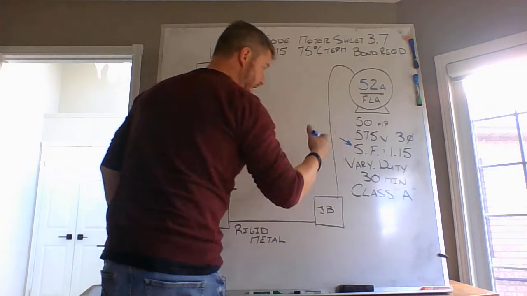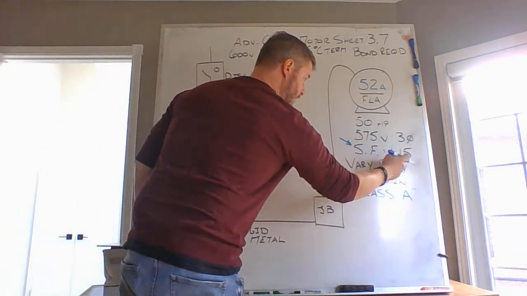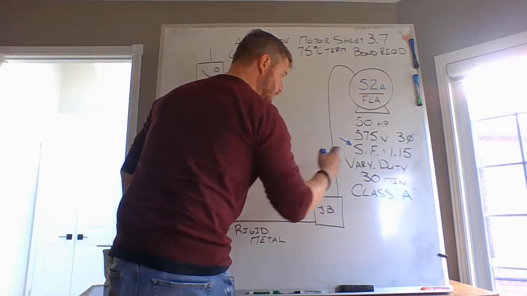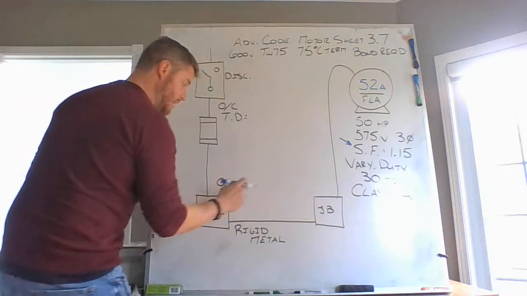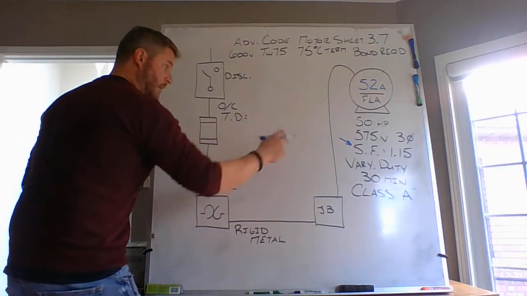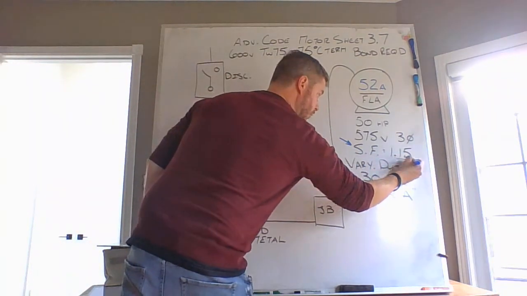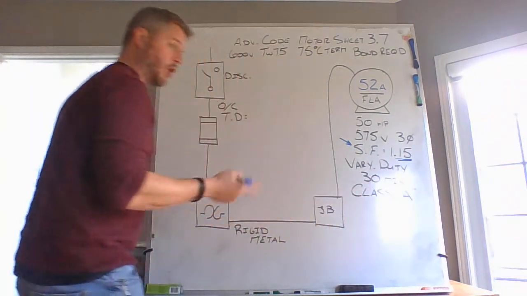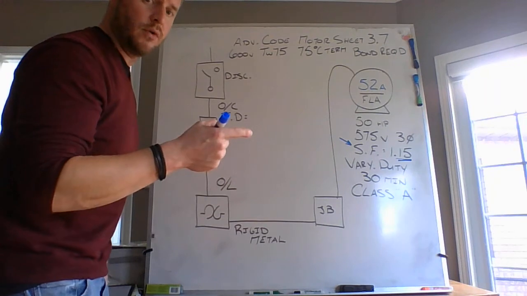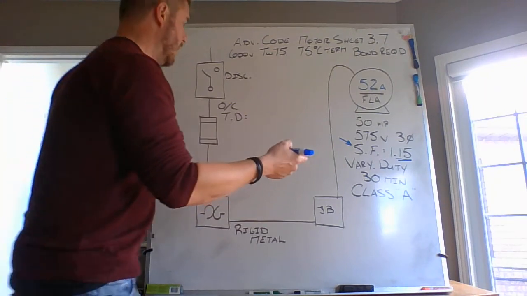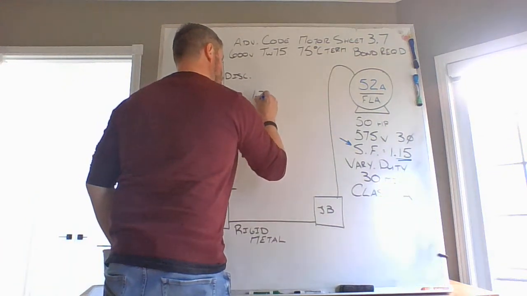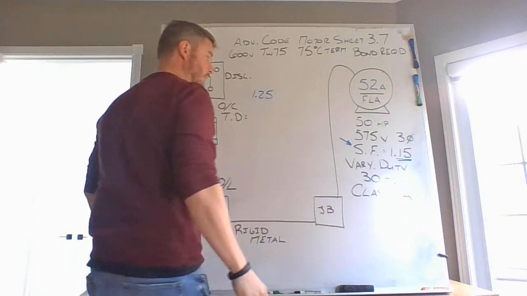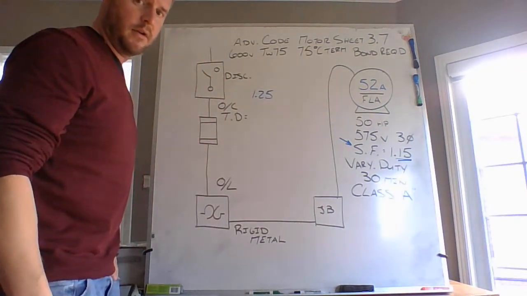But at this point in time, we have a service factor of 1.15. So my multiplier for that service factor is based on sizing my overloads. That service factor being a marked 1.15 coming from the code book gives you a different multiplier than 1.15. It's going to be 1.25 as a multiplier.